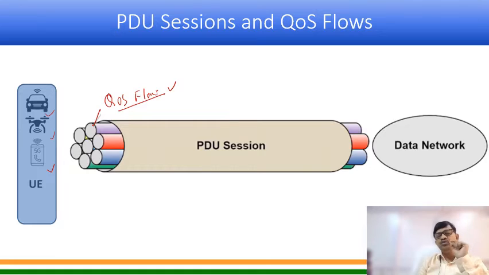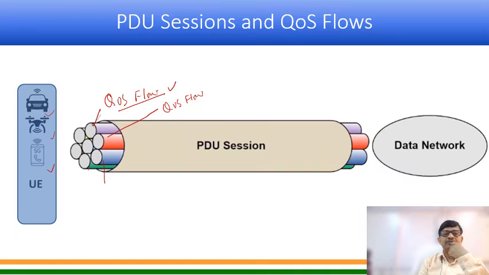Now if that UE wants to use a certain service which may have a different quality of service, for each of such services a separate QoS flow will be added.